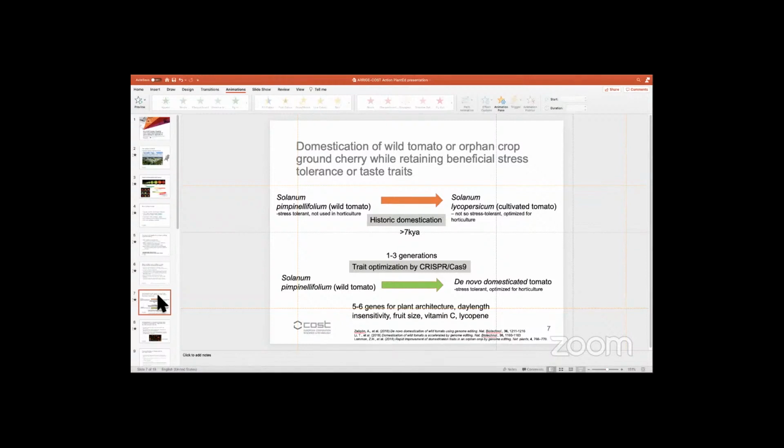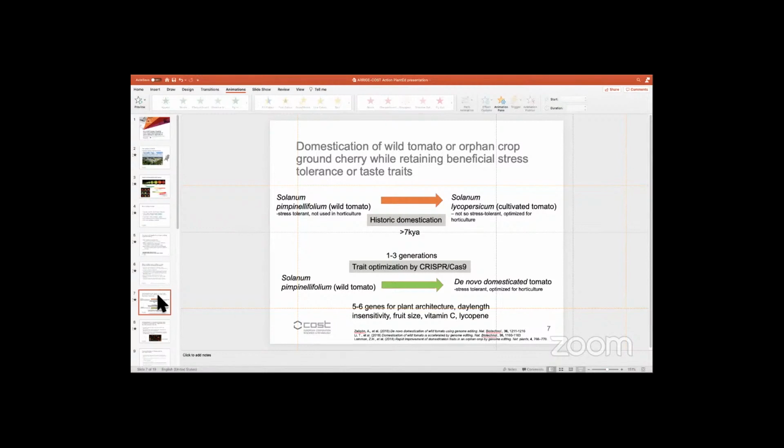Cultivated tomato was domesticated over several thousand years from a wild relative, Solanum pimpinellifolium, shown on the left, to produce cultivated tomato, Solanum lycopersicum, which is not so stress tolerant, but is optimized obviously for horticulture. Like in some other crops, we know fairly well the major genes that were involved in domestication and that give modern tomato their properties.